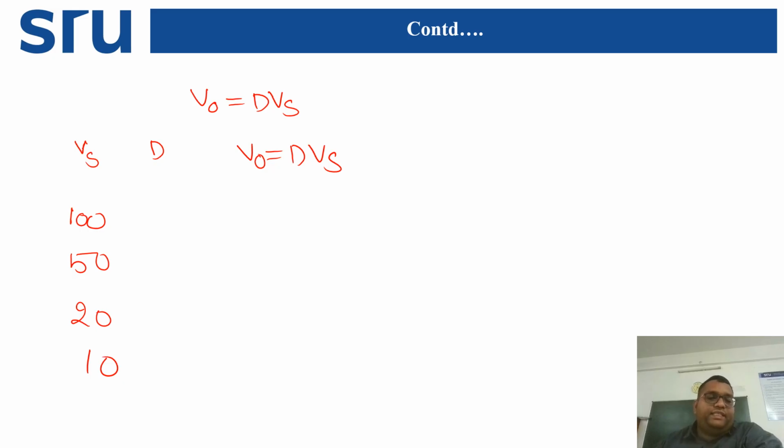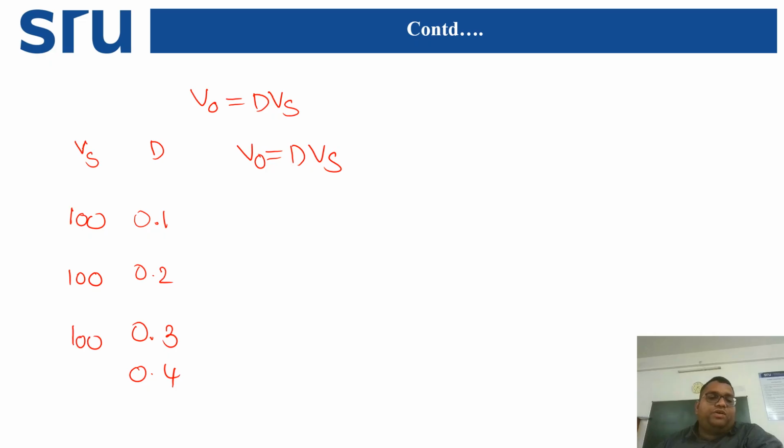Otherwise, if the duty cycle changes, what will happen? We will see now. For 100 volts input, let us take a 0.1 duty cycle, 0.2 duty cycle, 0.3 duty cycle, 0.4 duty cycle. What are the values we will see now.